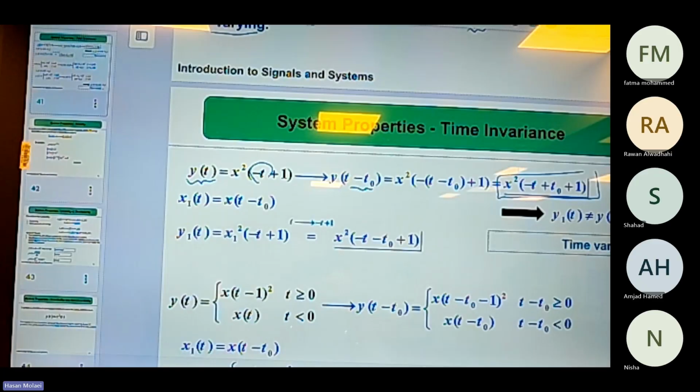Another time, I apply x1(t), which is x(t minus t0). Here, if I put x1(t) as the x, I will have this one. If I change t to t minus t0, this would be the result. Are they the same?